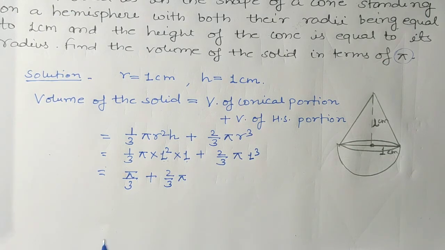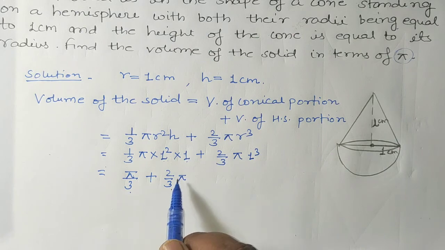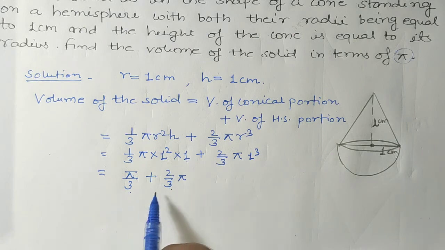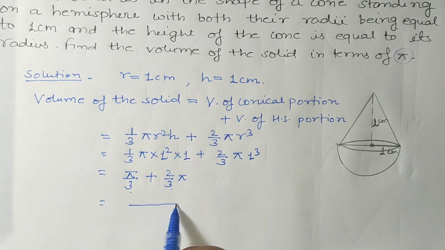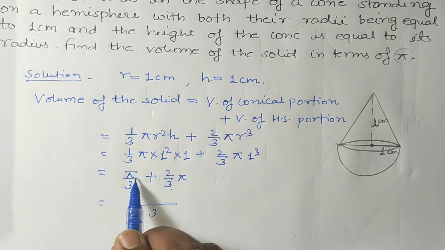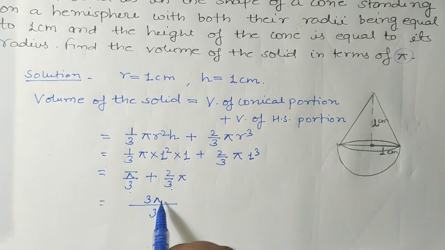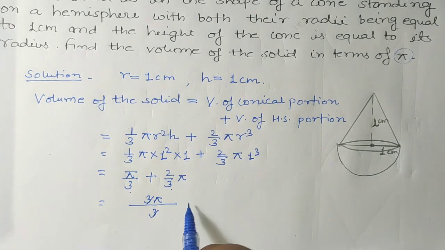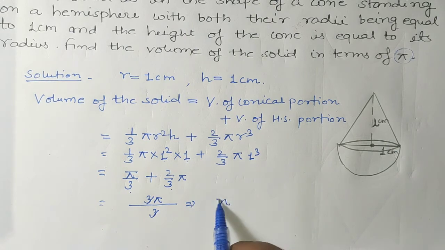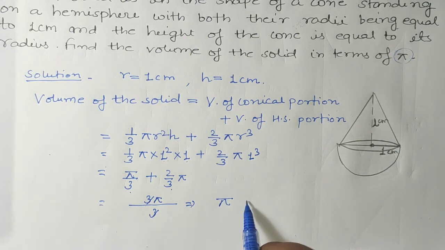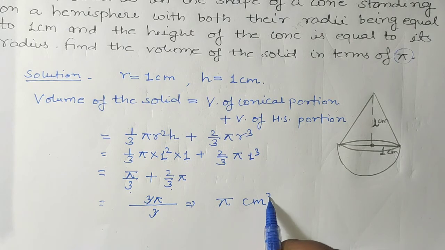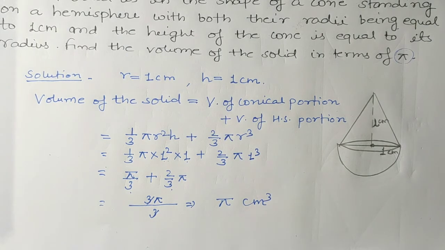So pi by 3 plus 2 by 3 pi, LCM will be 3, and when you add it, what you will get? Pi plus 2 pi, that is 3 pi. So 3 pi by 3, 3 will be cancelled out. What is left? Only pi, and since it is the volume, it will be pi centimeter cube. So this will be the answer of this question, students.